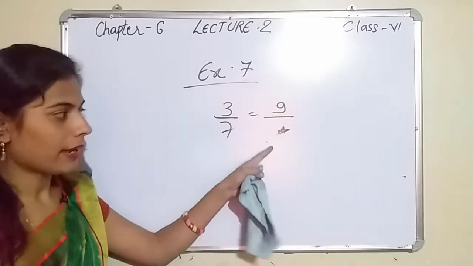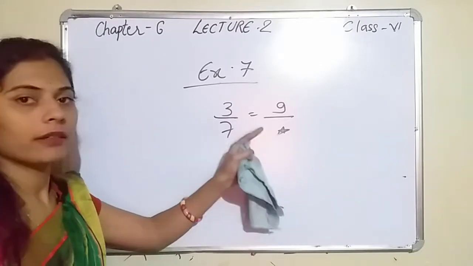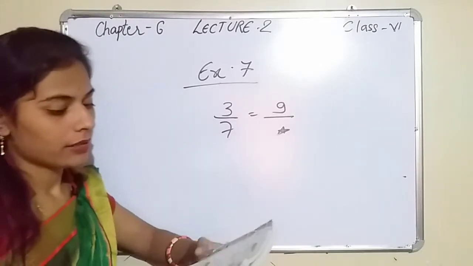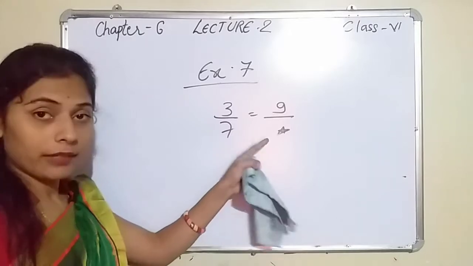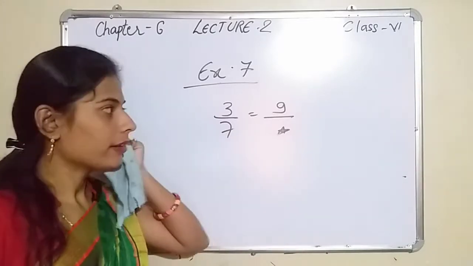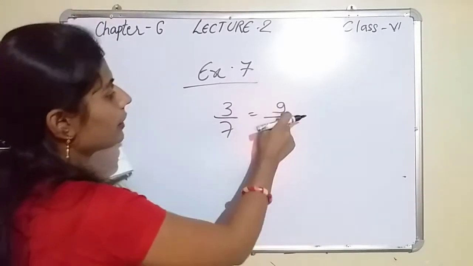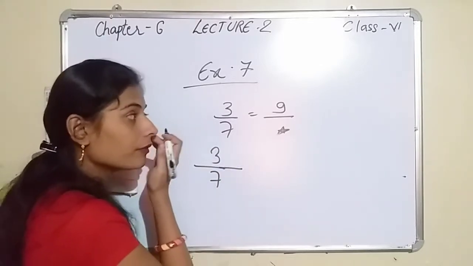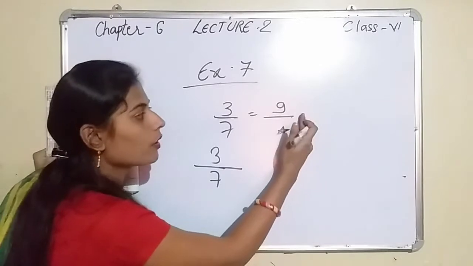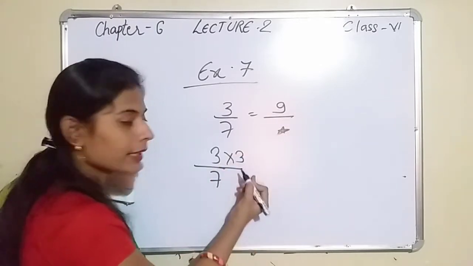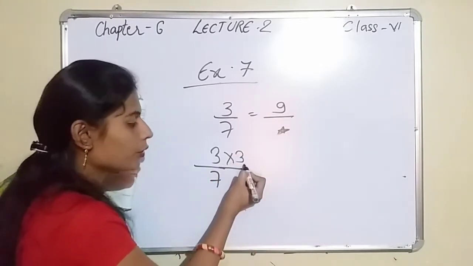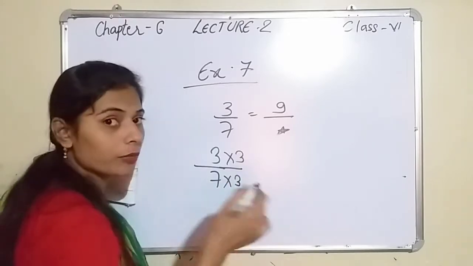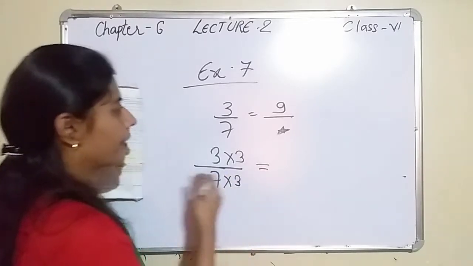Now you have to replace the star, in place of star you have to put the correct number. So how did you get 9 here? 3 by 7 is given there. In what condition did you get 9 here? When you have multiplied it by 3. So when you are multiplying the numerator by 3, you have to multiply the denominator also by 3.